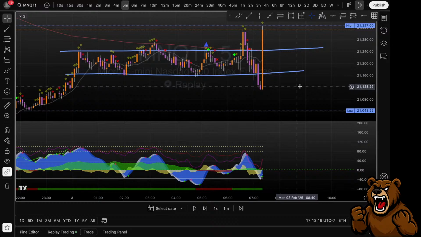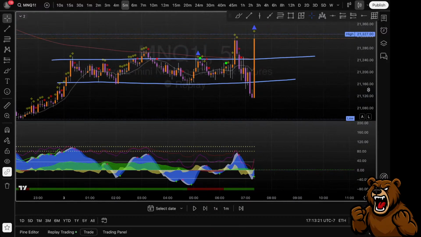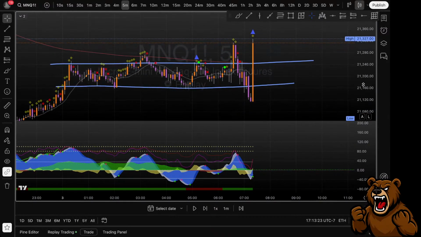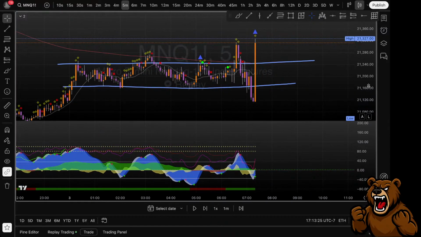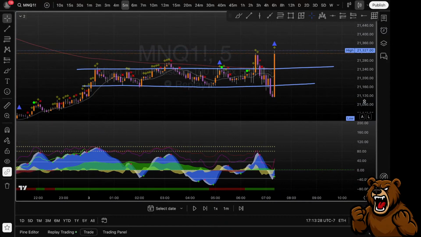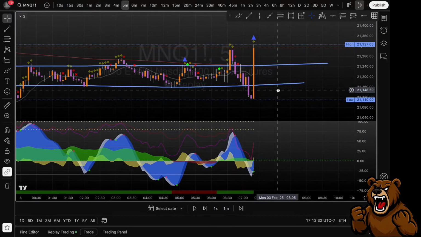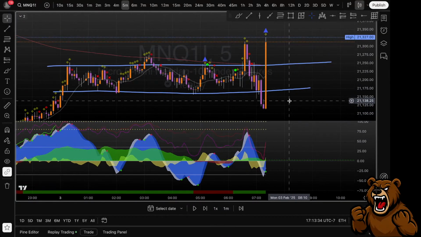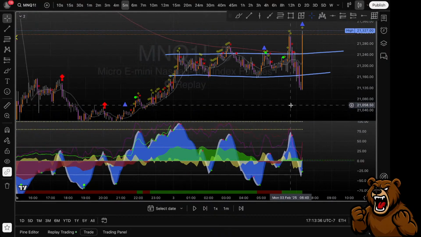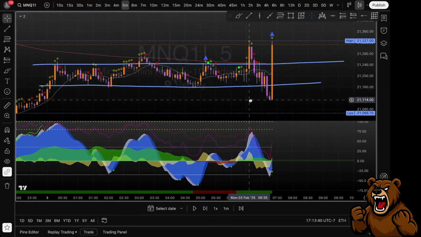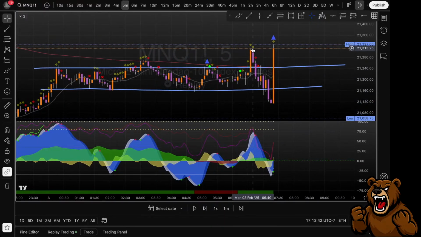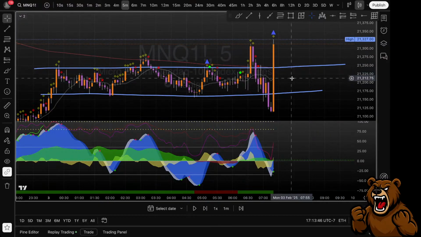Goodness gracious. Yep. 40's juiced. All that other stuff was juiced up. Choppy. There they are fighting, folks. So it came down, did some sweep action. If she closes, I mean, this is the game.